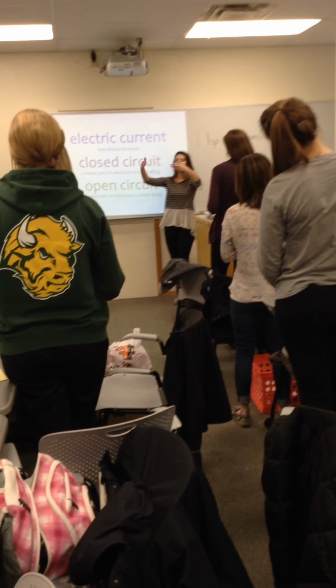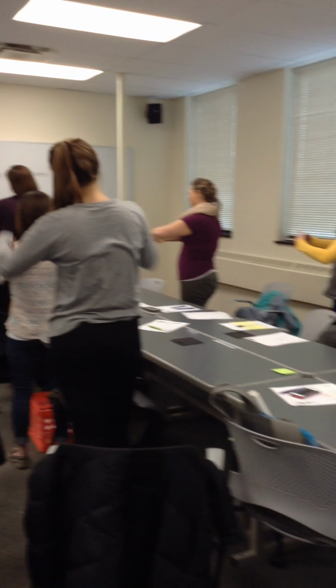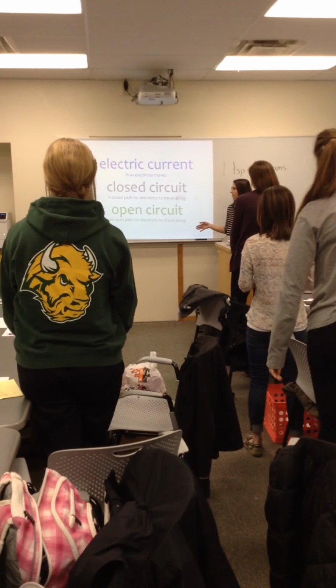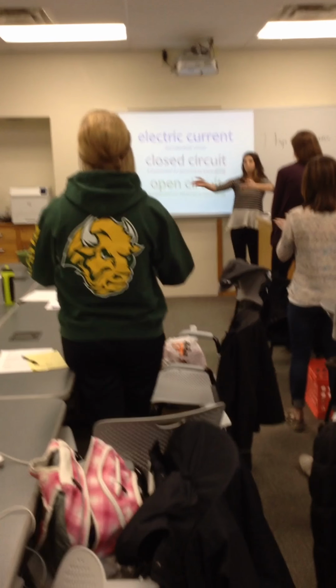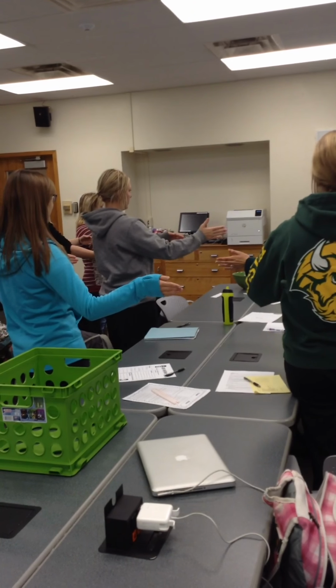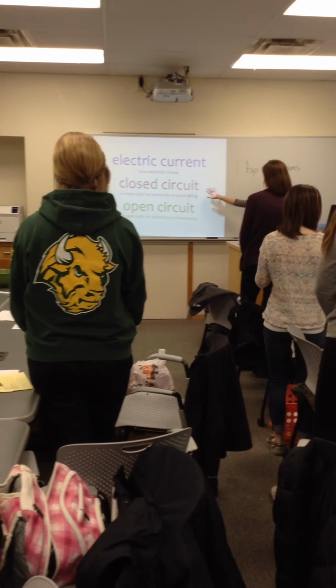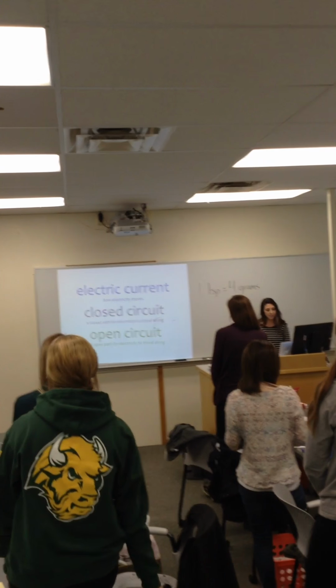So I'm going to go like this. Closed circuit. And then an open circuit is an open path for electricity to travel around. So instead of having a closed circuit, we're going to have an open circuit. Open circuit. Okay. So these words are going to be really important, and these are the words I want you to pay attention to during this lesson.